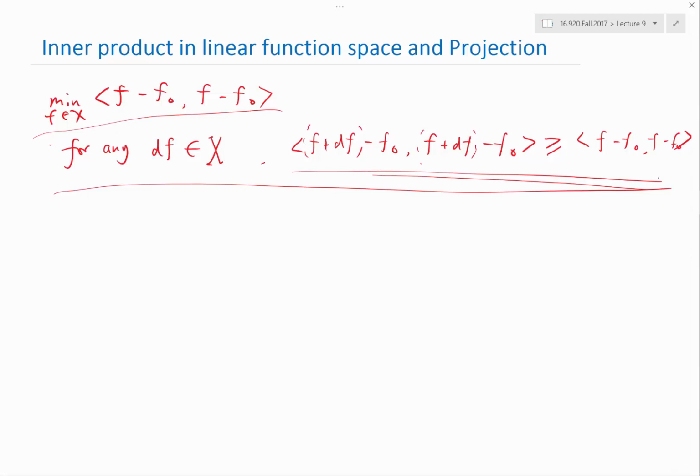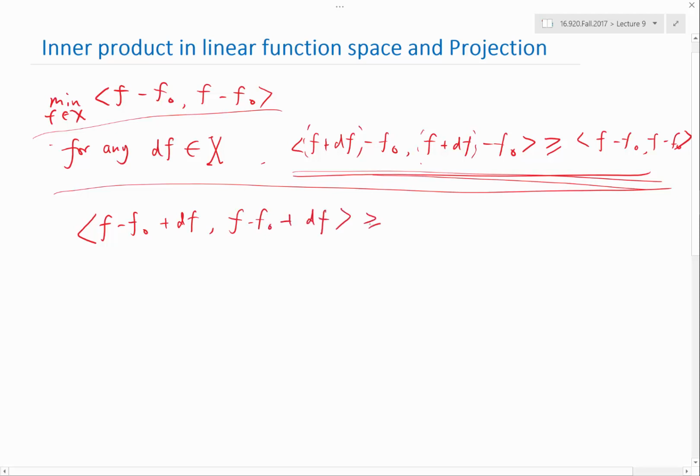All right. Now let's expand this a little bit further. I can write this as f minus f0 plus df, f minus f0 plus df, which has to be greater than or equal to this. Then I expand it, similar to how we expand products.